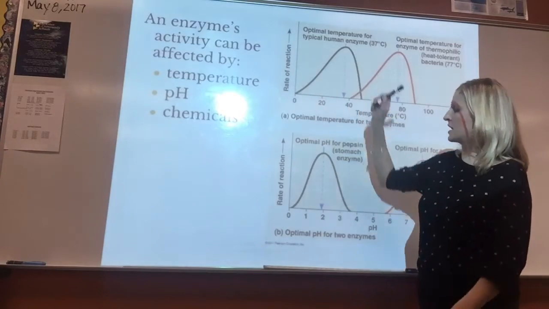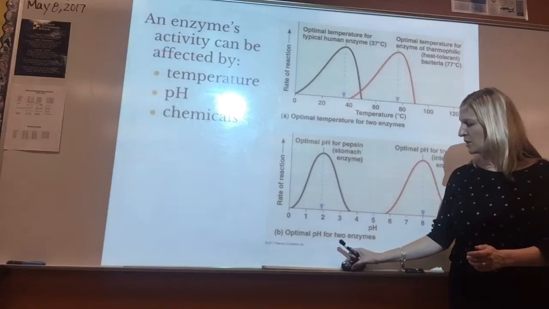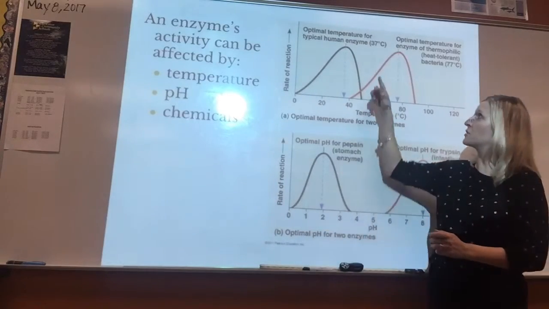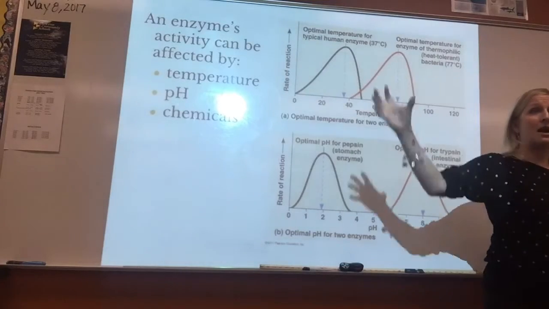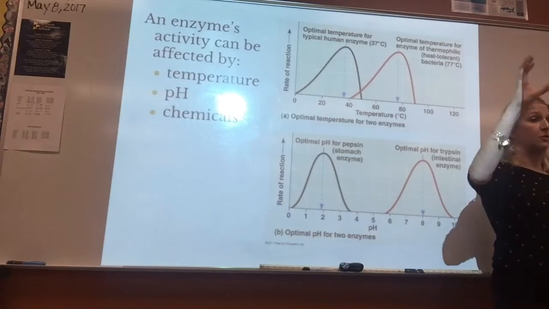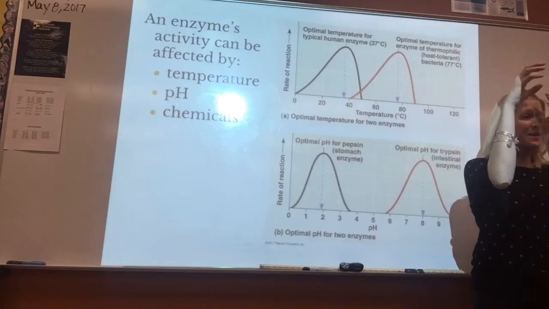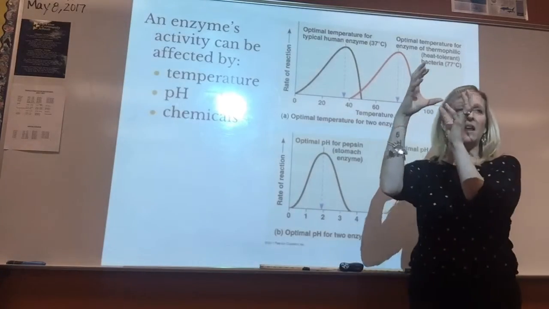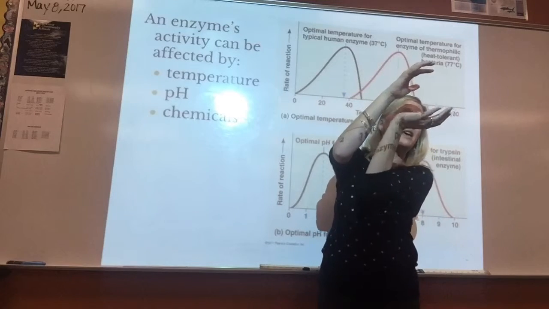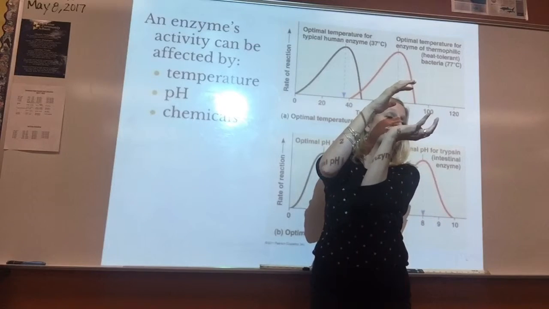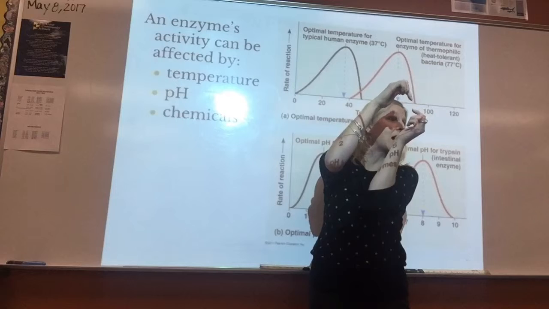Now with the heat, let's talk about that heat. Heat increases the kinetic energy. So remember, this enzyme is moving around. Not only is it moving around the cell at a quicker rate when it's hot, but also the atoms that make up that enzyme are moving. And remember that what causes that enzyme to have that three-dimensional shape in the first place is the interaction between the R groups.